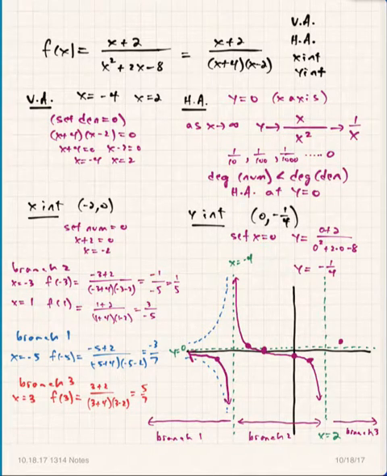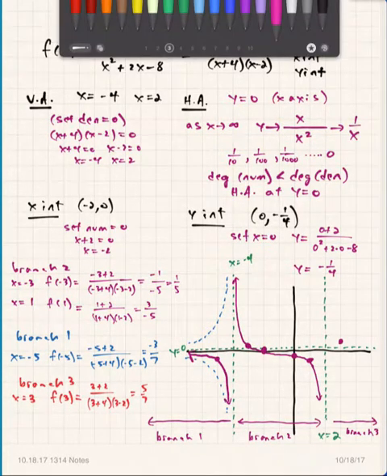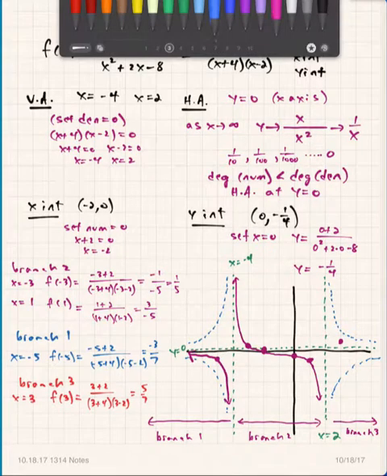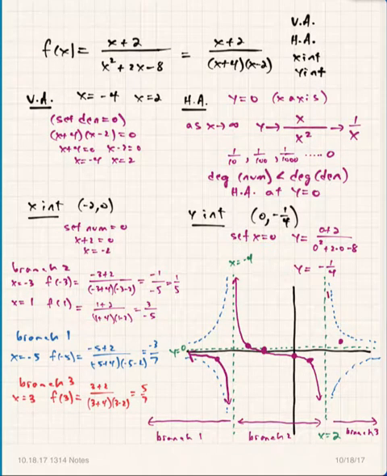And so that point, and again, one thing I didn't mention here, this branch 3 could either be sitting above or below the horizontal asymptote. It's got to be one of those 2 shapes. And so that point being above the x-axis tells you that last branch has got to be sitting up here like this.